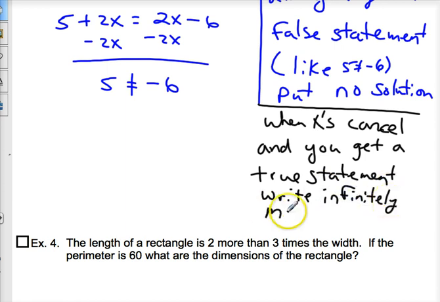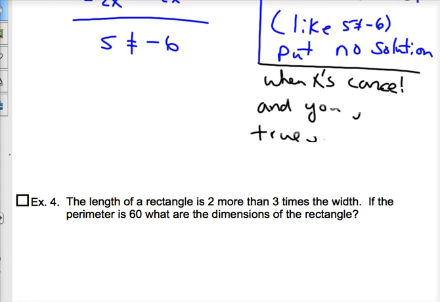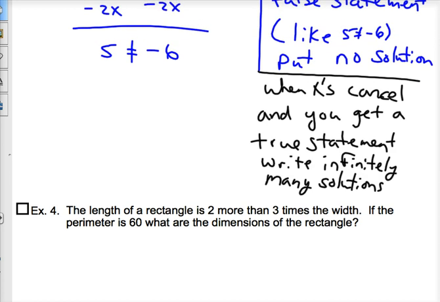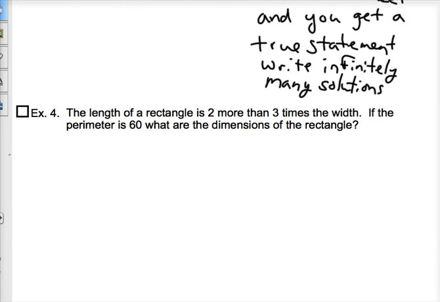I don't know what they are, but there's infinitely many of them. There's infinitely many numbers. Any number will work, so you just put infinitely many solutions. And that's if you end up with something like 5 equals 5 or 0 equals 0. That's when you do that.